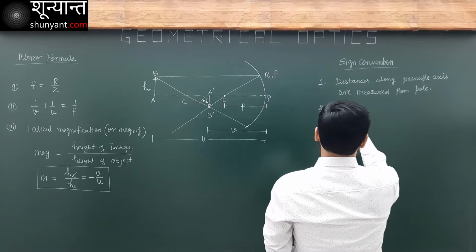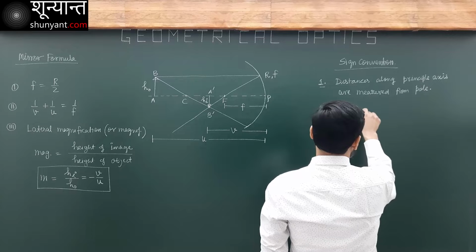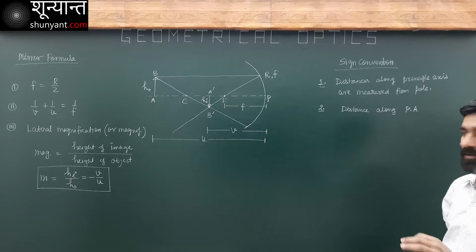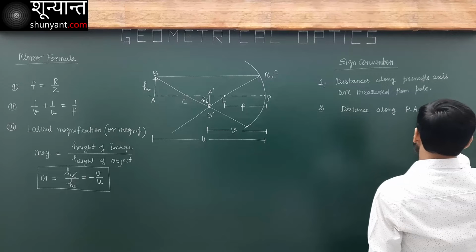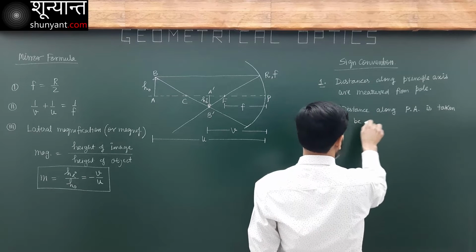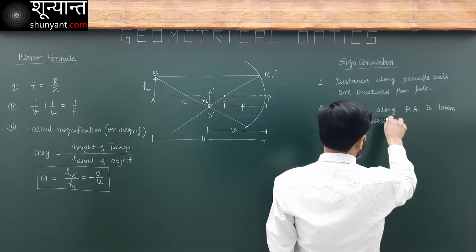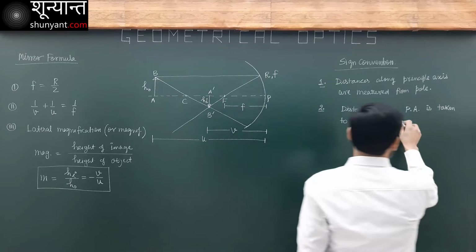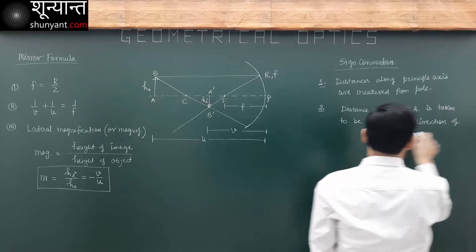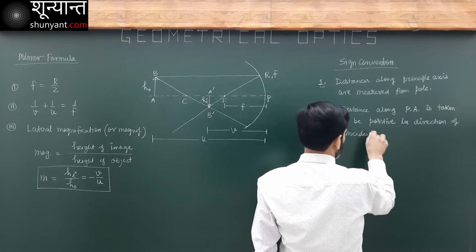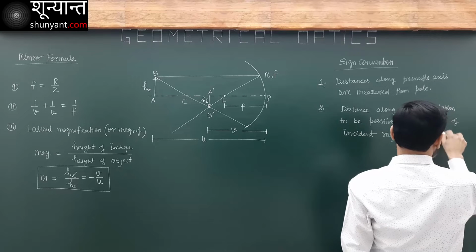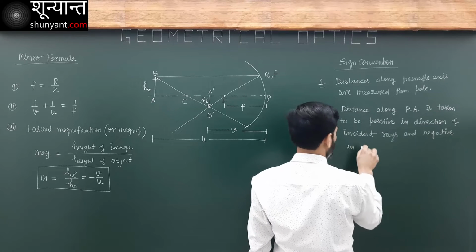Second, distances along the principal axis are taken to be positive in the direction of incident rays, and negative in the opposite direction.